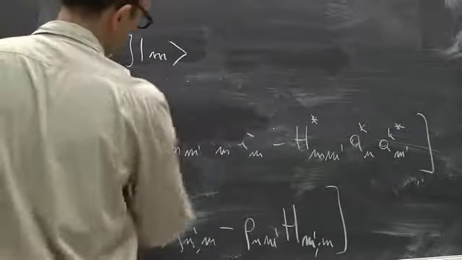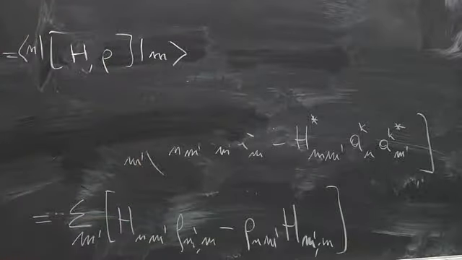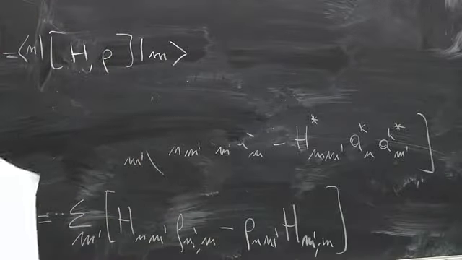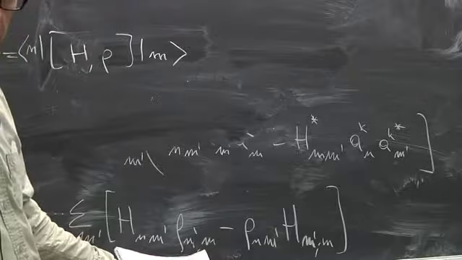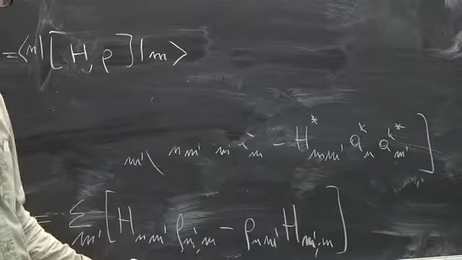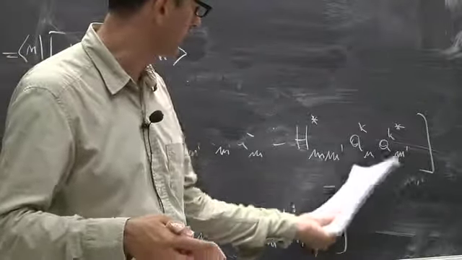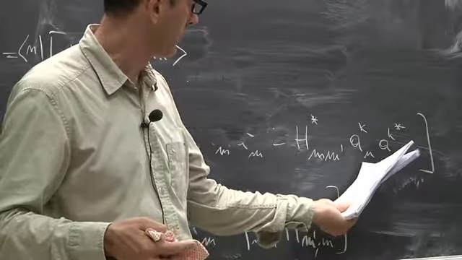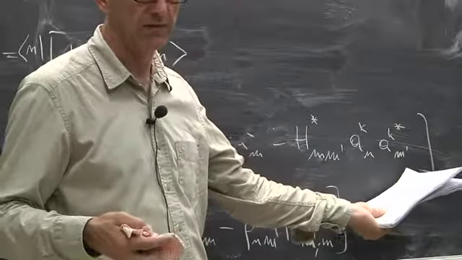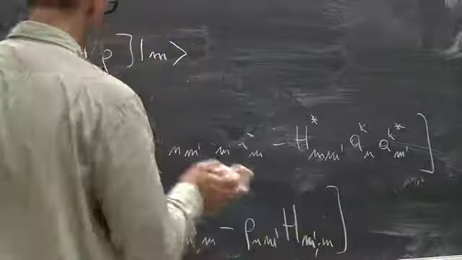The 1 over N goes in the definition of rho: 1 over N sum over k of this object gives you the rho n m prime.